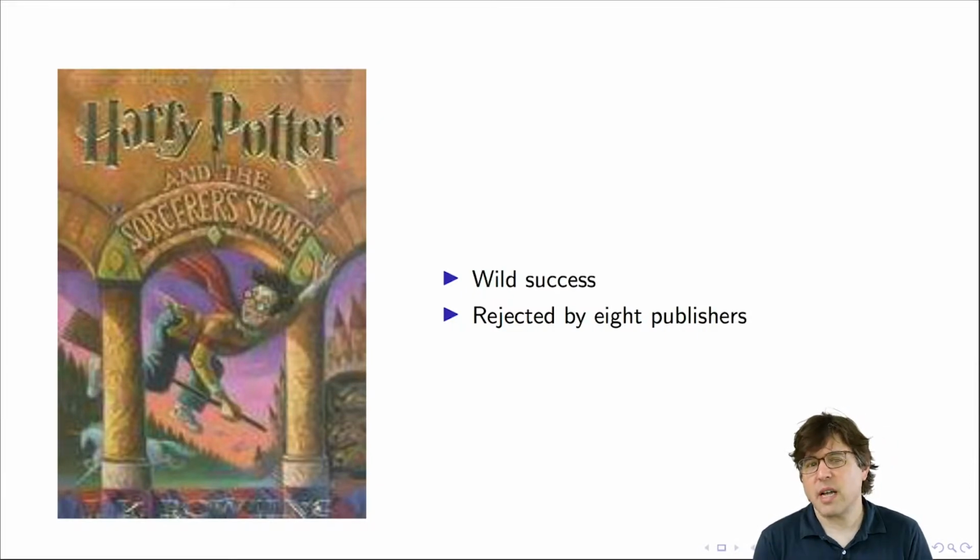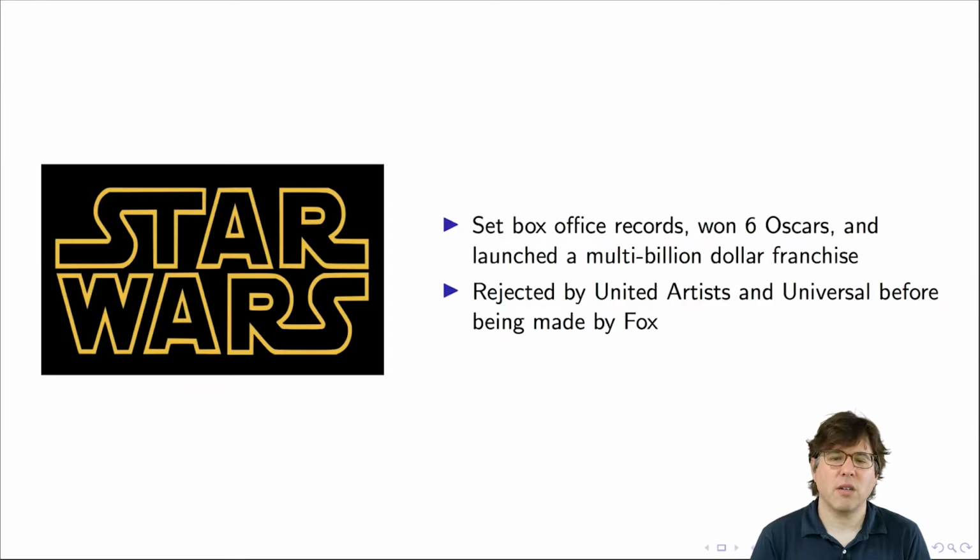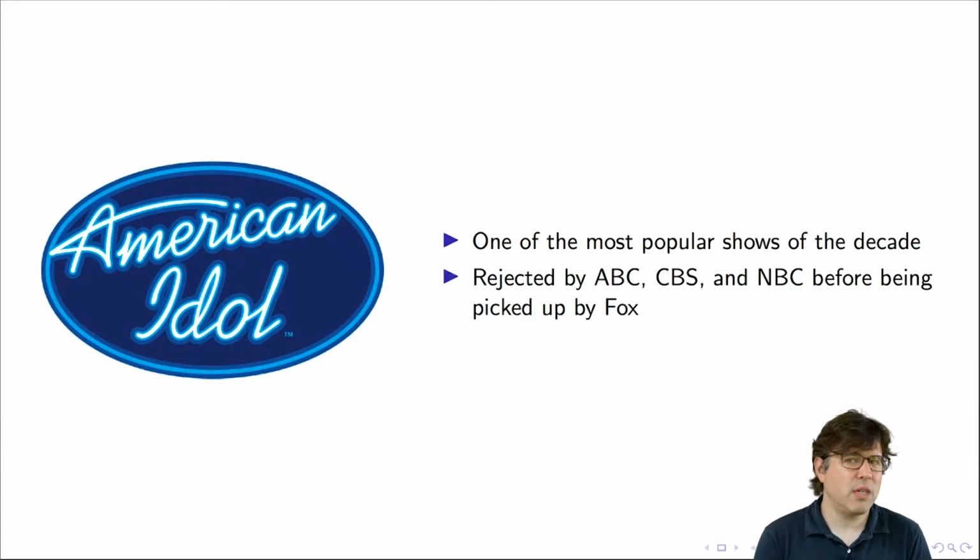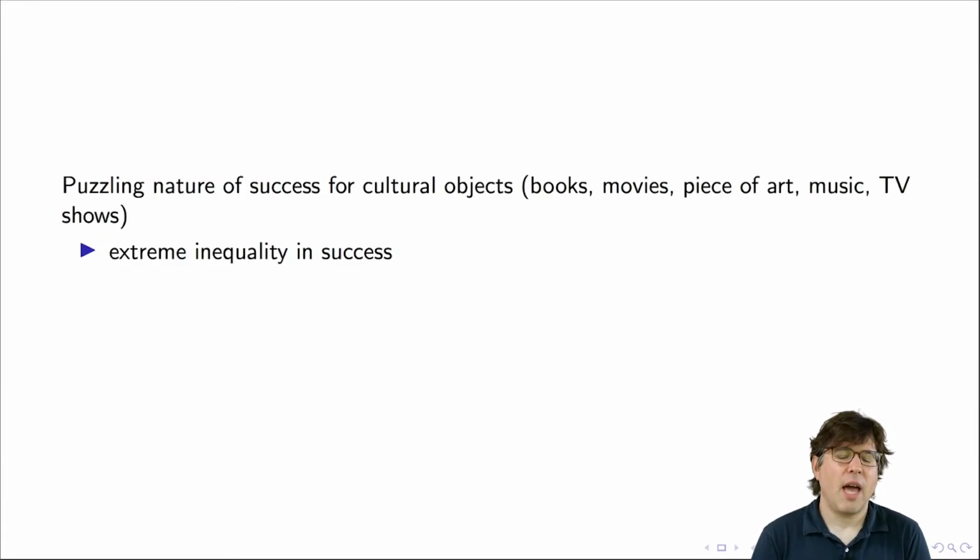It turns out that's not specific to Harry Potter. I could have told you a story like that about the movie Star Wars or the TV show American Idol. It turns out that this is a general pattern in the nature of success for cultural objects like books, movies, art, TV shows, and music. On the one hand, you see extreme inequality in success.